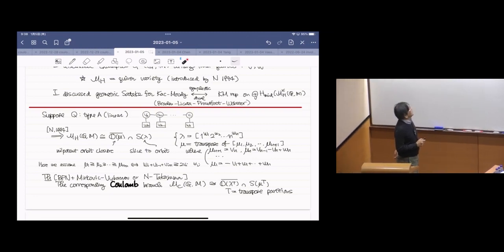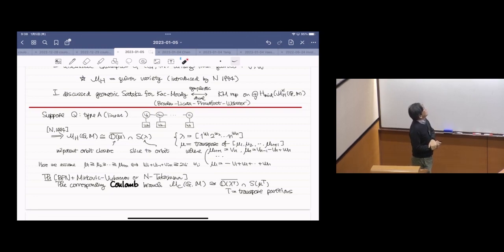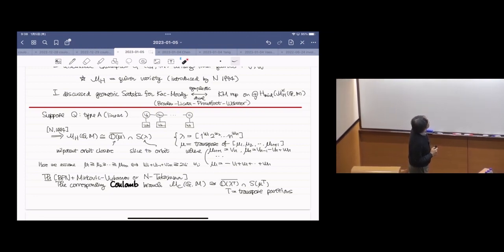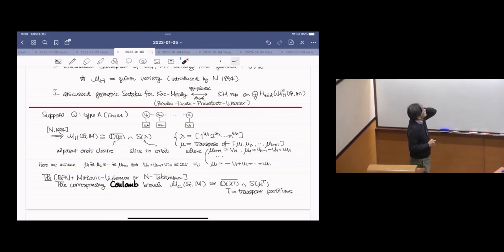And this is, I think, the standard notation. Then the quiver variety in this case is known to be of this form: O bar is a nilpotent orbit for some general linear group. I don't specify the rank of the general linear group, but this is a nilpotent orbit closure of type A, and S lambda is a slice.